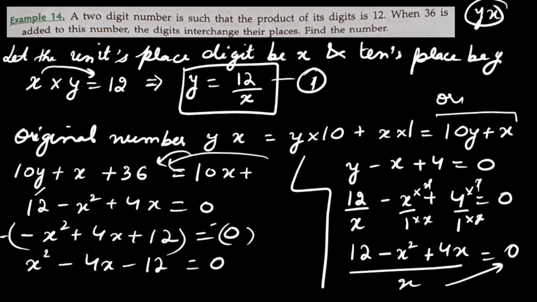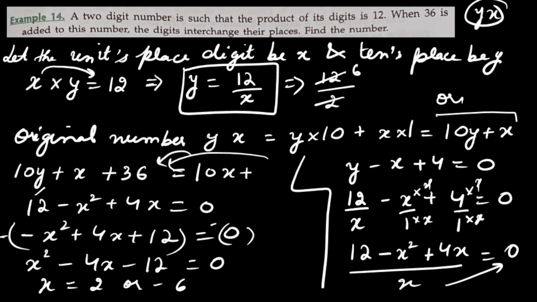X is 2 or minus 6. So here you can find the value of y. When we are finding y, we can substitute the value of x as 2. So what we will get? 6. So y's value 6 we got.